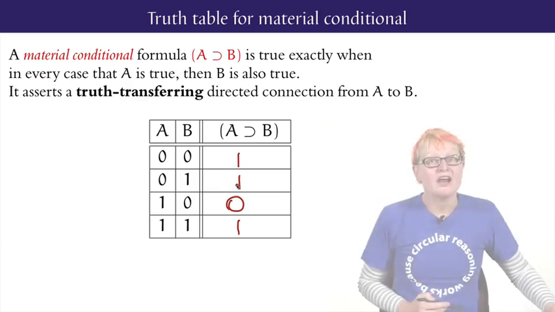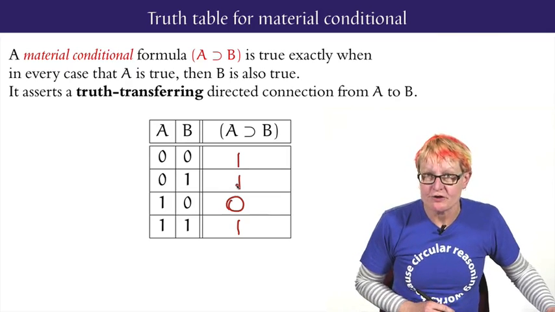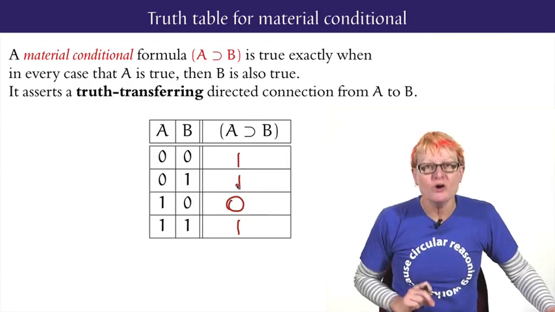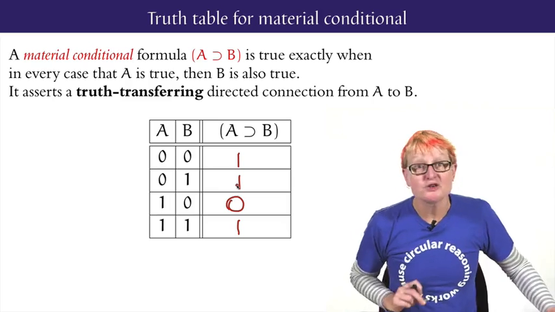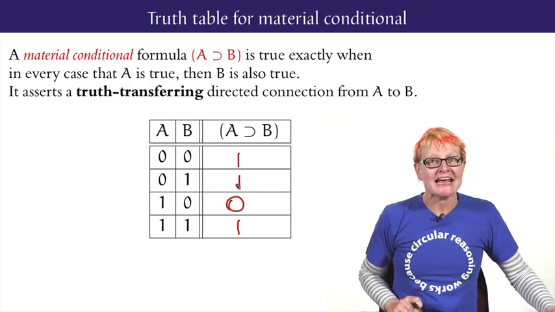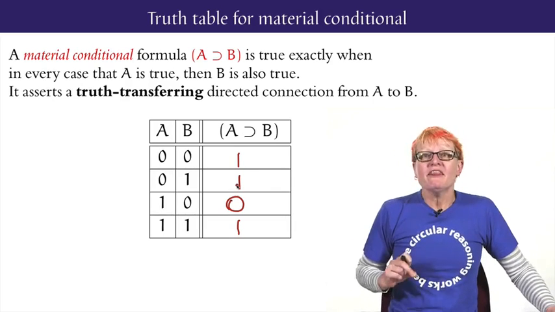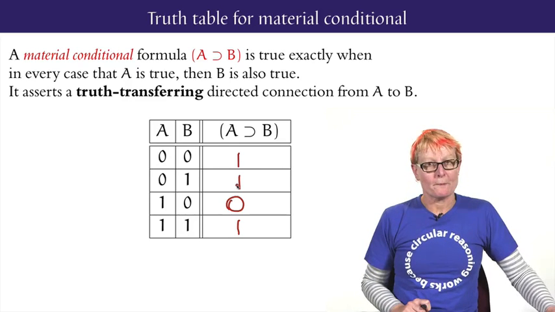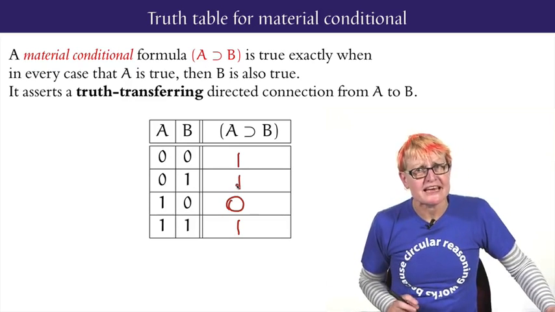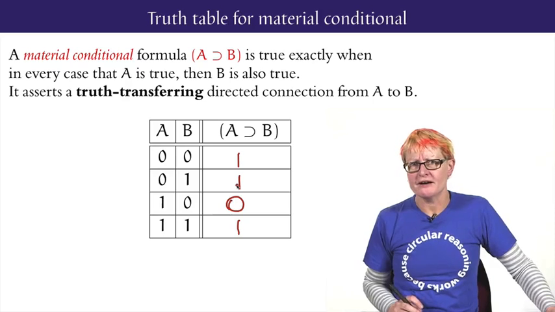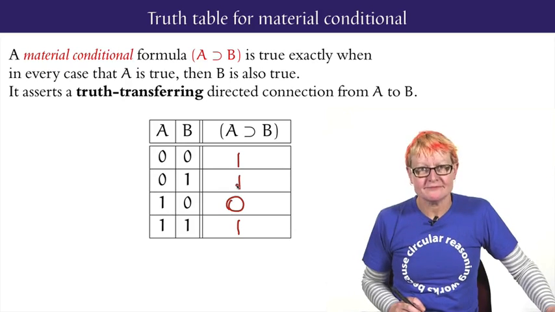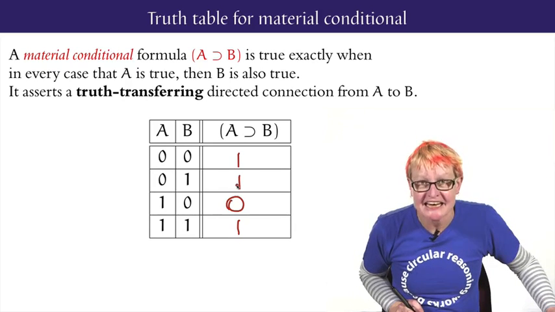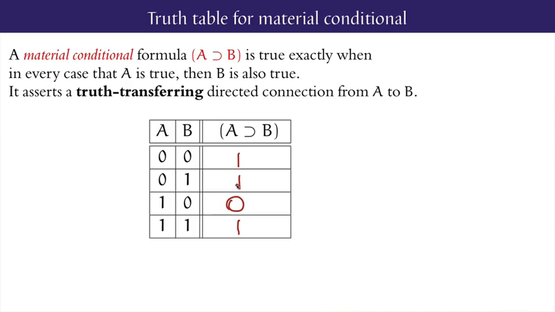The conditional is truth transferring, but it is not falsity transferring. So when the antecedent A is false, the conditional comes out as cheaply true. Medieval logicians had a Latin phrase for this phenomenon, ex falso quodlibet. From falsity, anything follows.